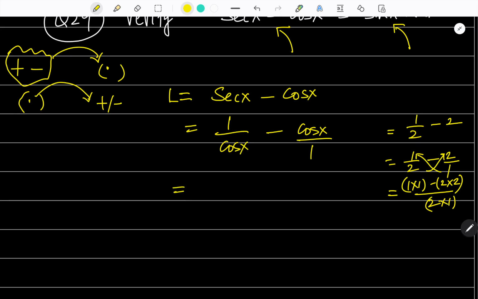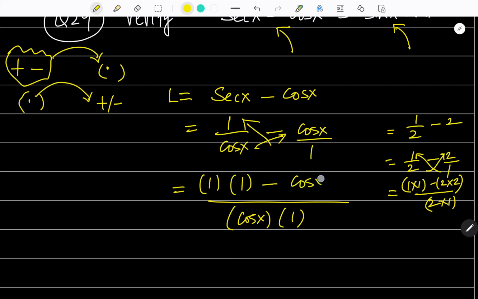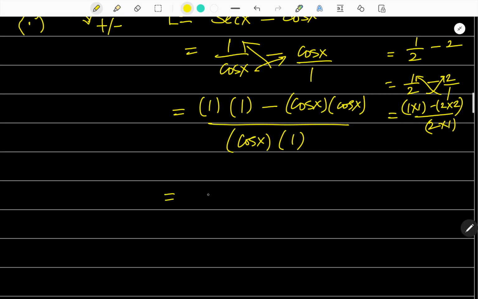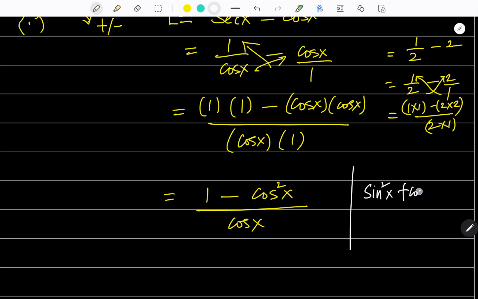So this equals, I'm going to take cosine x times 1, and then I multiply here, 1 times 1 minus cosine x times cosine x. So this equals 1 minus cosine square x divided by cosine x. We know very well, we just studied one identity, the famous identity: sine square x plus cosine square x is equal to 1.